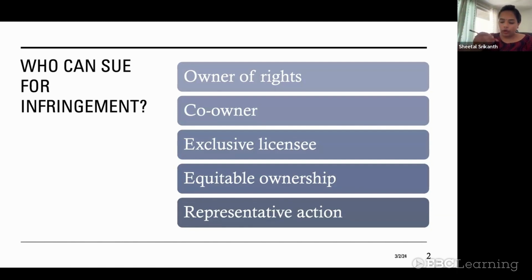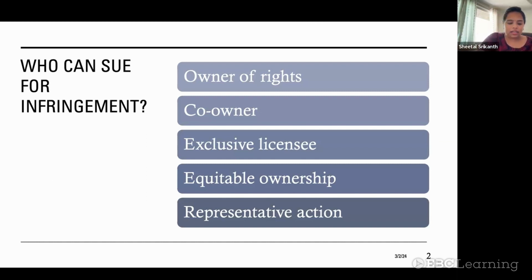So we have, for example, PPL, the phonographic performers society, a copyright society, which represents the interests of people who have rights in sound recordings, that is, producers of sound recordings.